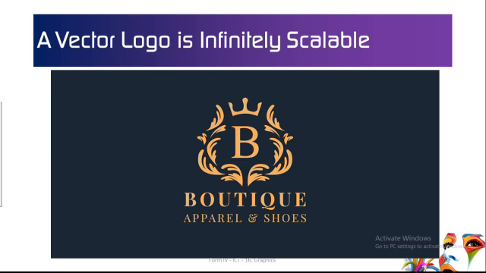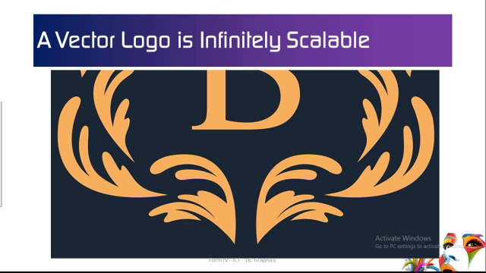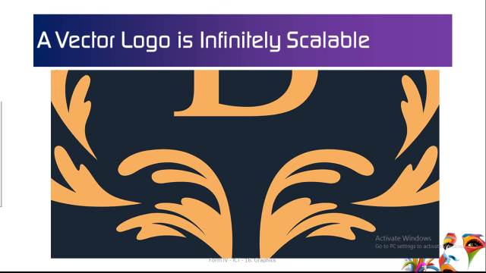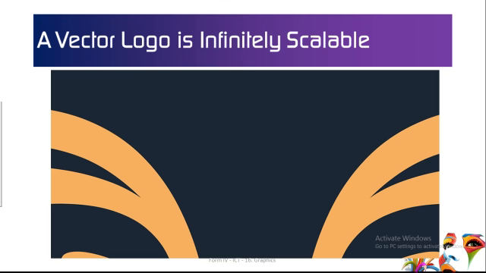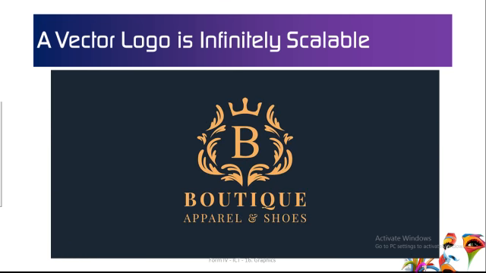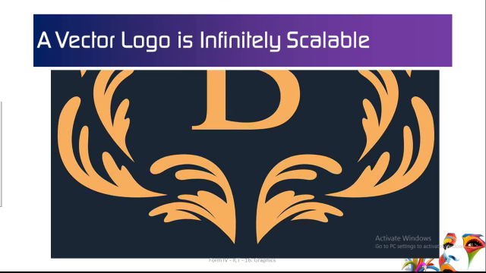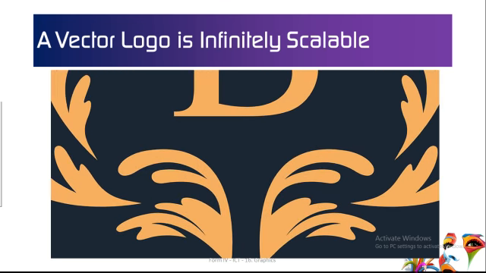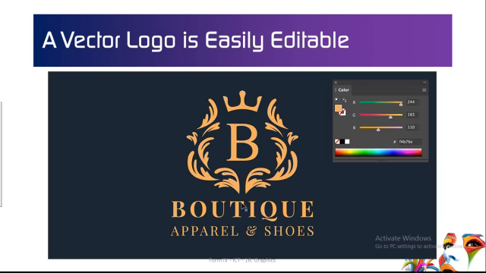Let's see one by one. A vector logo is infinitely scalable. See, you can enlarge but no pixelation. It maintains the level of its quality and no pixels can be seen. A vector logo is easily editable. Now you can see this text.